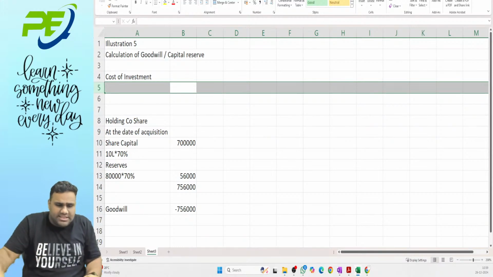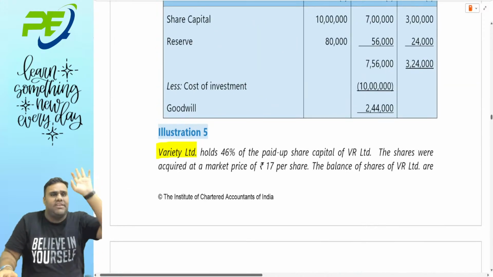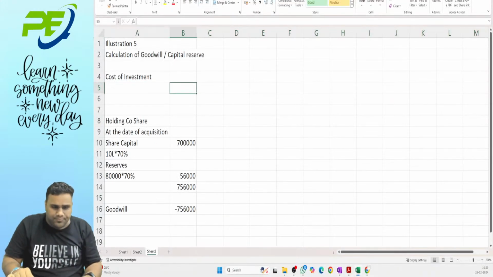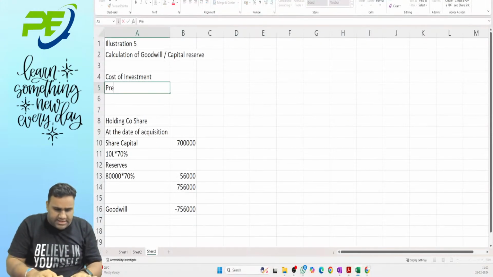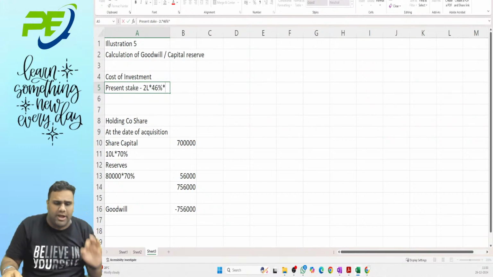This company, Variety Limited, is investing in VR not once but twice. So, present stake: in these 2 lakh shares, they have 46%, and per share they have acquired at 17 rupees.